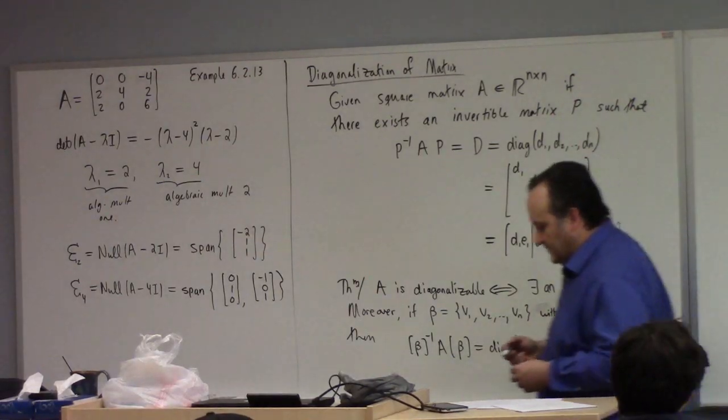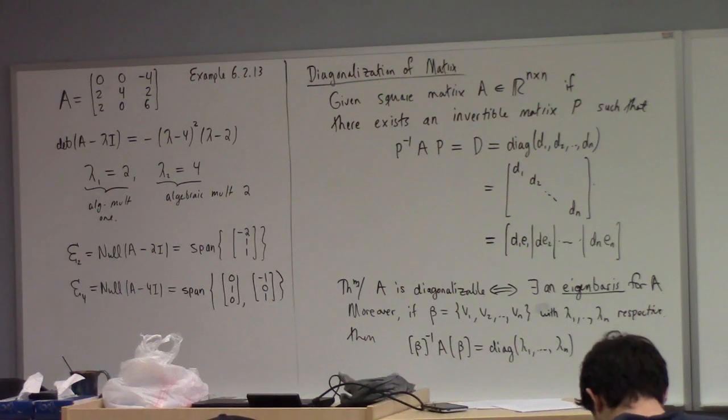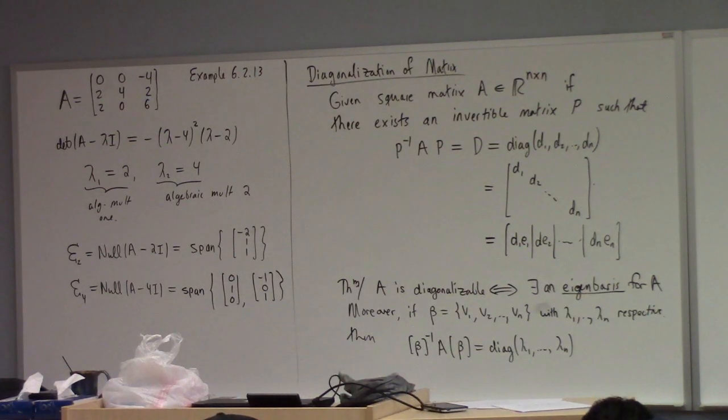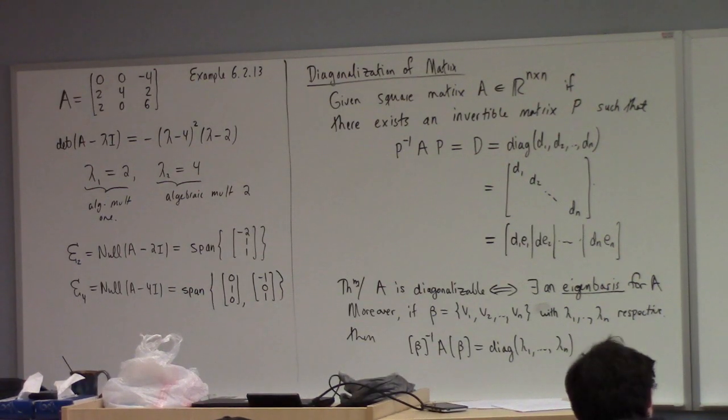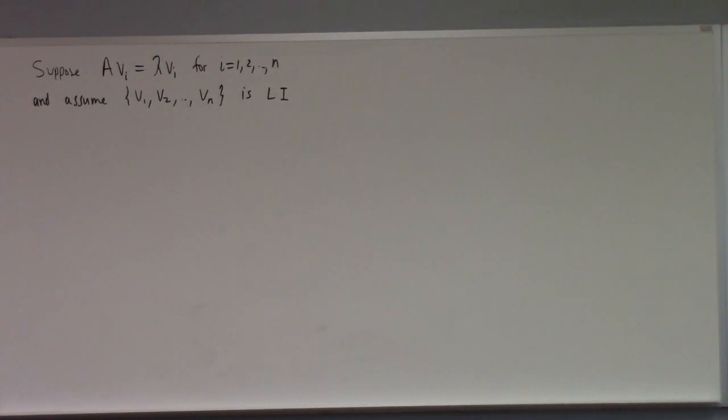If that's the case, we're talking about an n by n matrix that gives us what's called an eigenbasis. What's an eigenbasis? That's just a fancy word for a basis of eigenvectors. What's a basis? A basis is a linearly independent spanning set, right? So for us here, that means n linearly independent vectors.